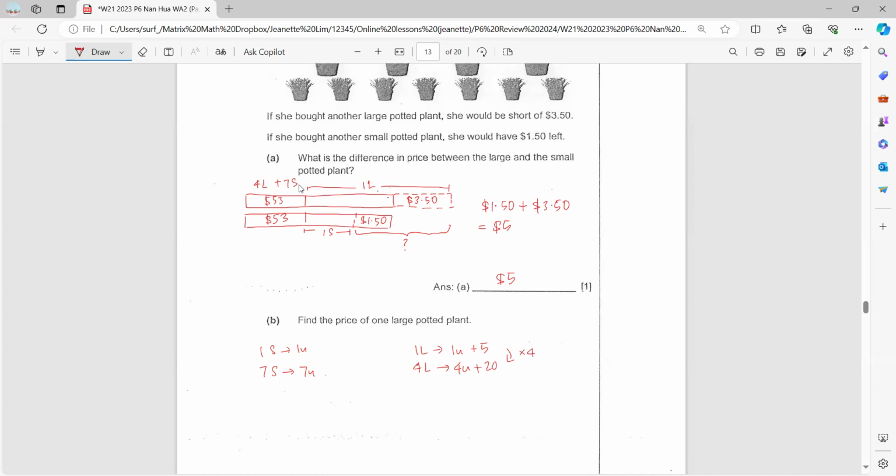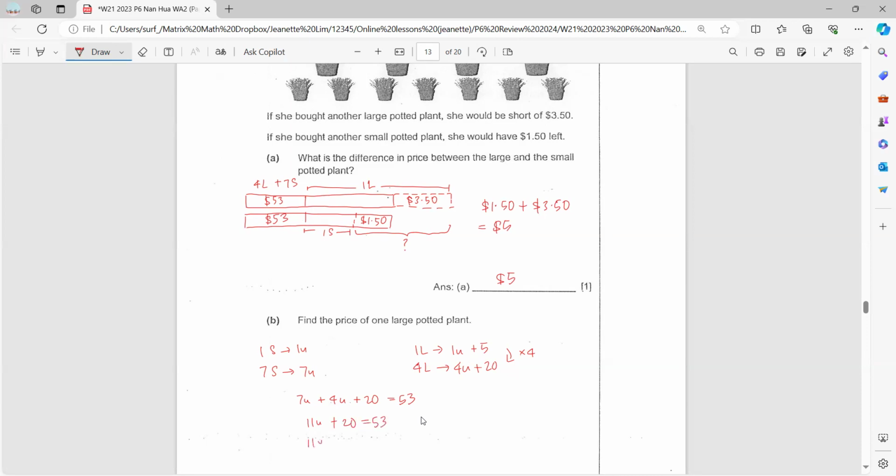Okay, times 4. Put them together, add them up. So 7U plus 4U plus 20 gives us a total of 53. It's given in the question. $53 is all of that. So I add all of that, I get 53. 7 and 4, so 11 units plus 20 equals 53.